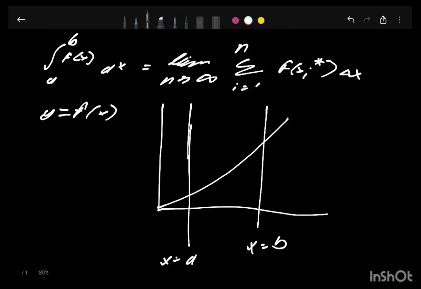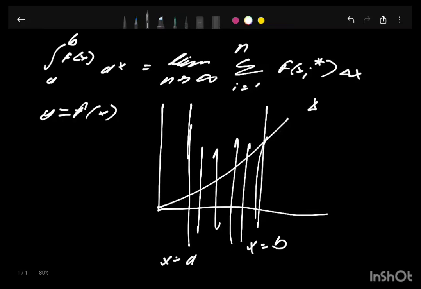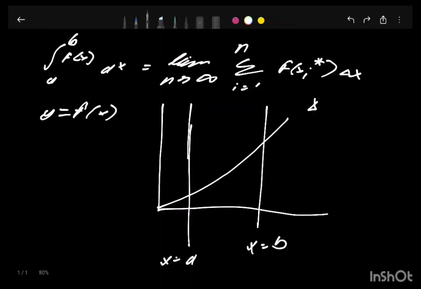First thing we must do is split the interval [a, b] into several subintervals such that the width of each subinterval, say delta x, is equal to b minus a, all over the number of subintervals.